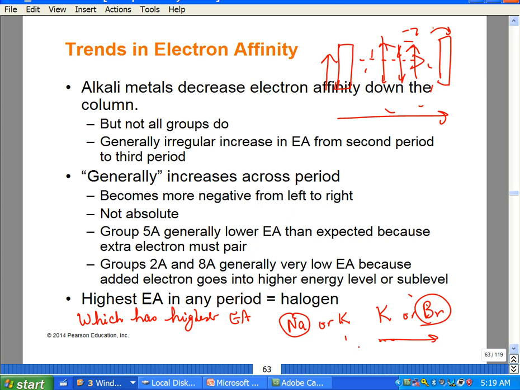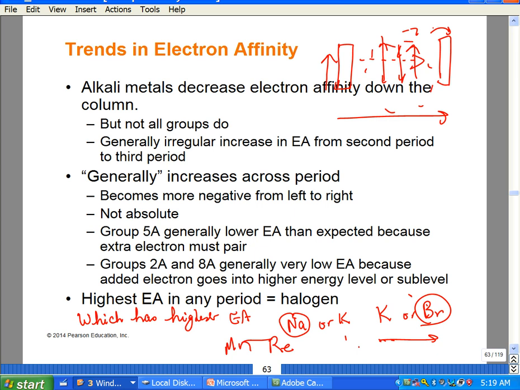We say that since bromine is a halogen, it pretty much has the highest electron affinity in its period, right? So that's how you can tell electron affinities. And what about going from manganese to rhenium?